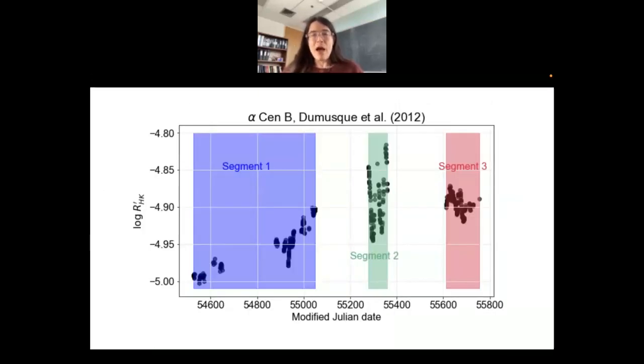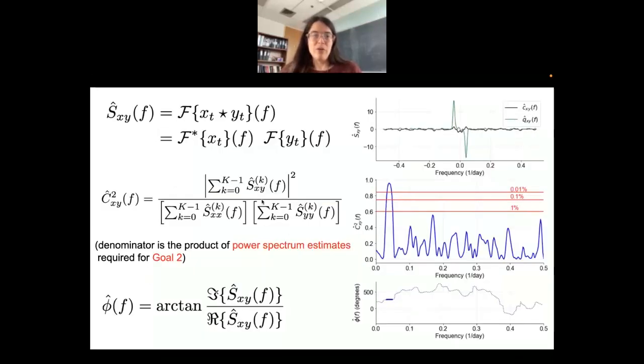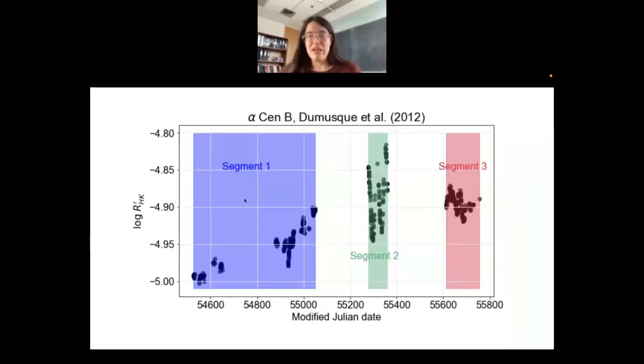So how do you get the multiple estimates that are required for this middle equation for your coherence? You have to break your data into segments, and this is what it looks like to do that. This is one way of segmenting your data set. You compute power spectrum and cross spectrum estimates from each individual segment, and then you average those estimates together.